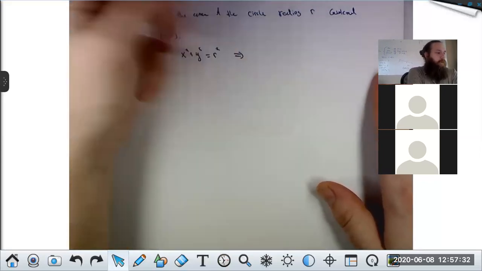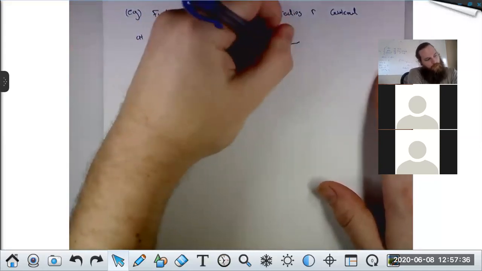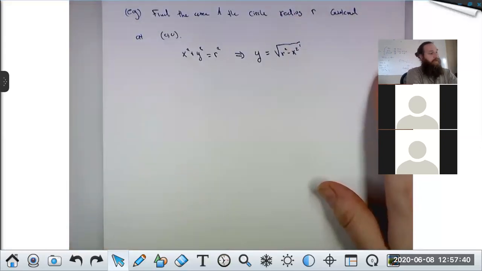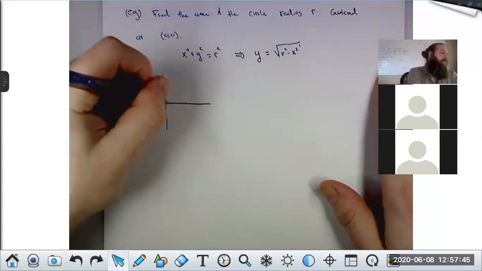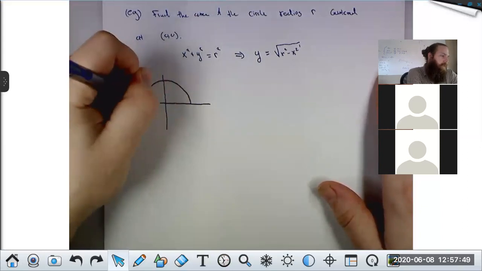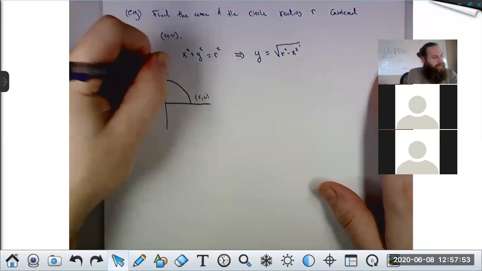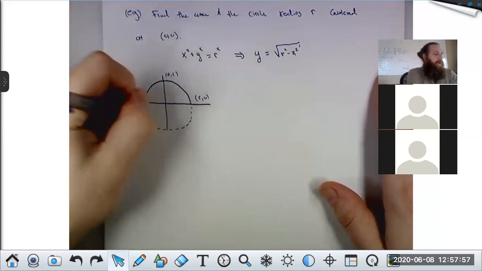If I solve that for y, I get y equals the square root of r squared minus x squared. The positive square root just gives me the upper semicircle. This is r comma 0. Up here is 0 comma r. The lower semicircle would come from the negative square root.